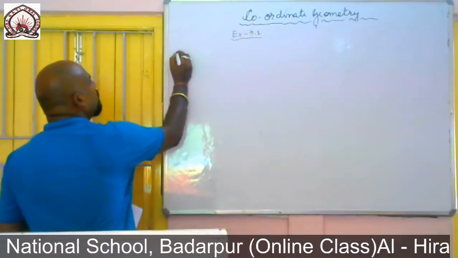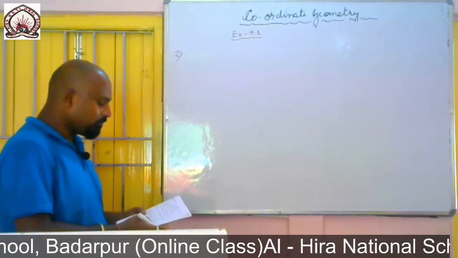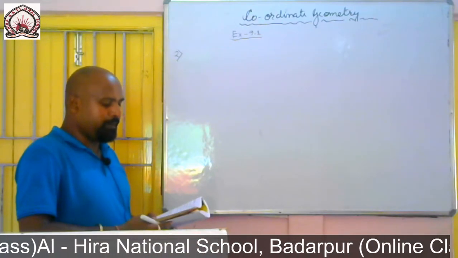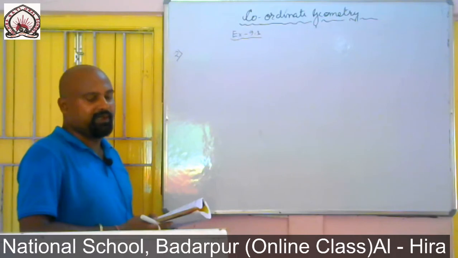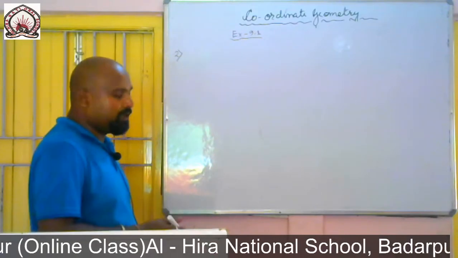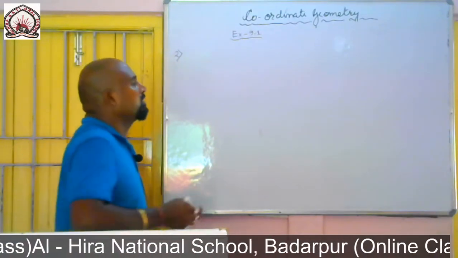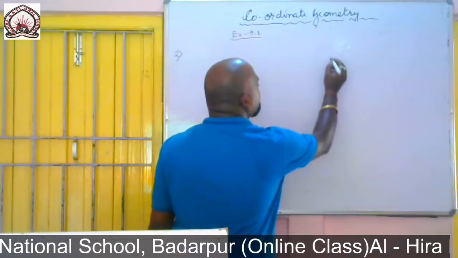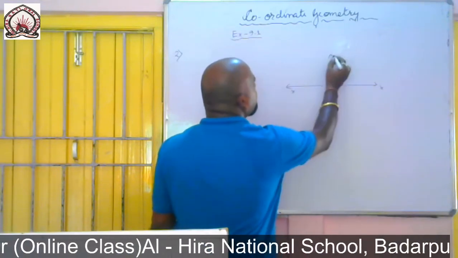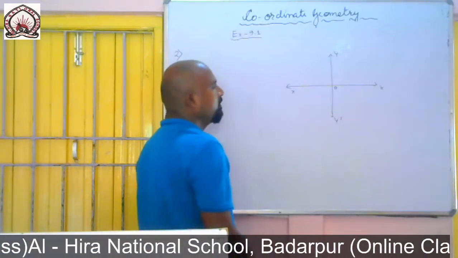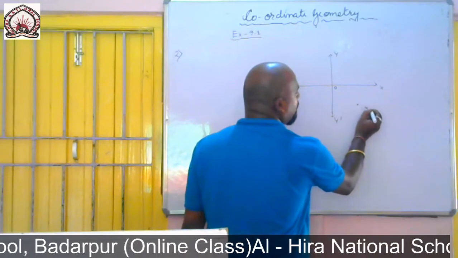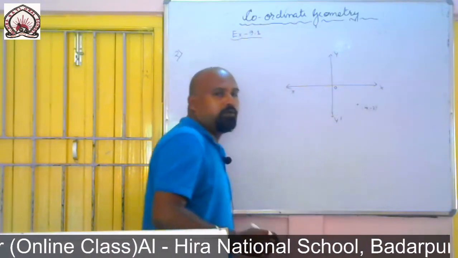Now see question number 2. A line passes through the point 4 comma minus 3 and is parallel to the X axis. Find its inclination and the gradient. Let us consider XOX dash and YOY dash. The point 4 comma minus 3 belongs to the fourth quadrant.